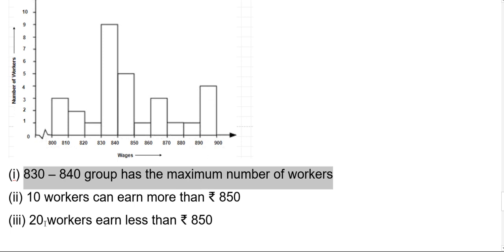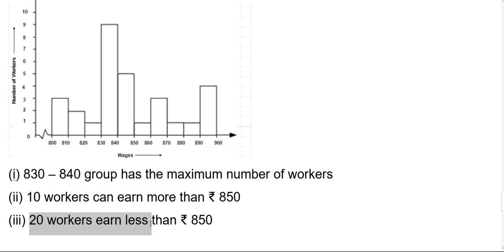Total 10. 20 workers earn less than 850. Less than 850 means this one 5, this one 9, 5 plus 9, 14, 14 plus 1, 15, 15 plus 2, 17, 17 plus 800 to 810 is 3, 17 plus 3, 20. So this is the solution.